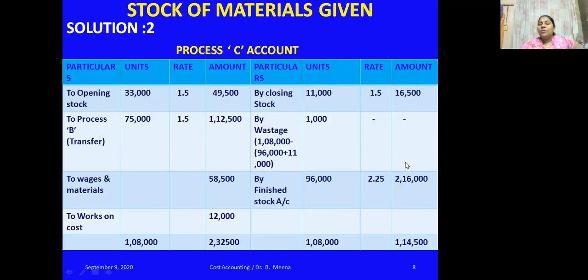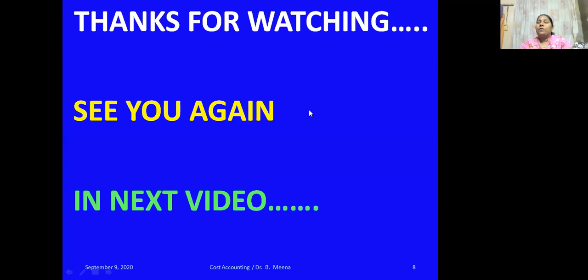So how did I calculate 2,16,000? 2,32,500, and so far I credited 16,500. So 2,16,000 is my balancing figure, and 2,16,000 is the cost of the output divided by 96,000 units. What is the rate per unit? 2.25. So this is the way you can prepare a simple process account.